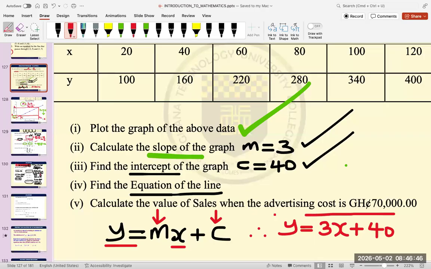And this is our final equation. y equals 3x plus 40 is the equation of the line.